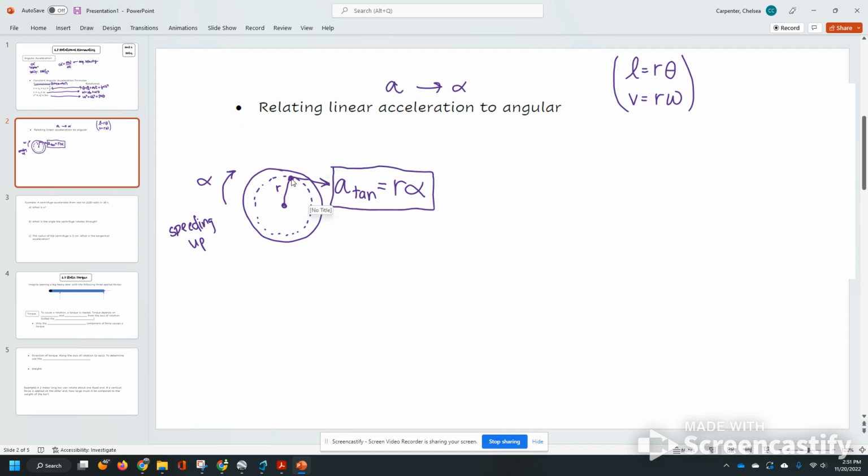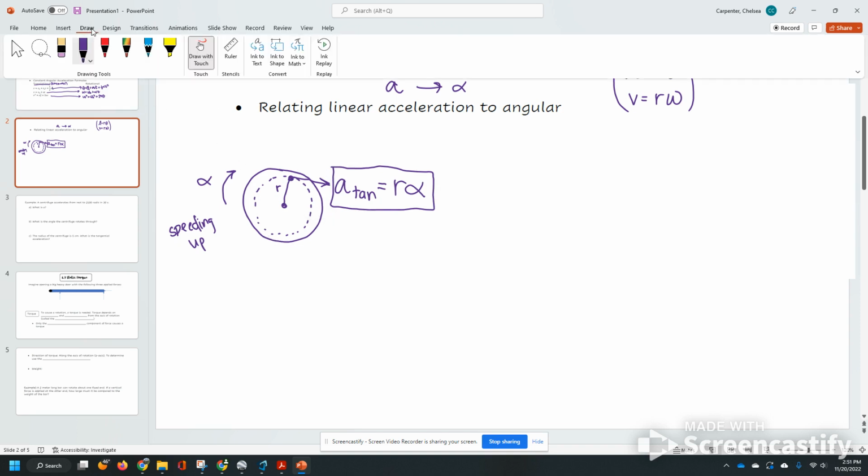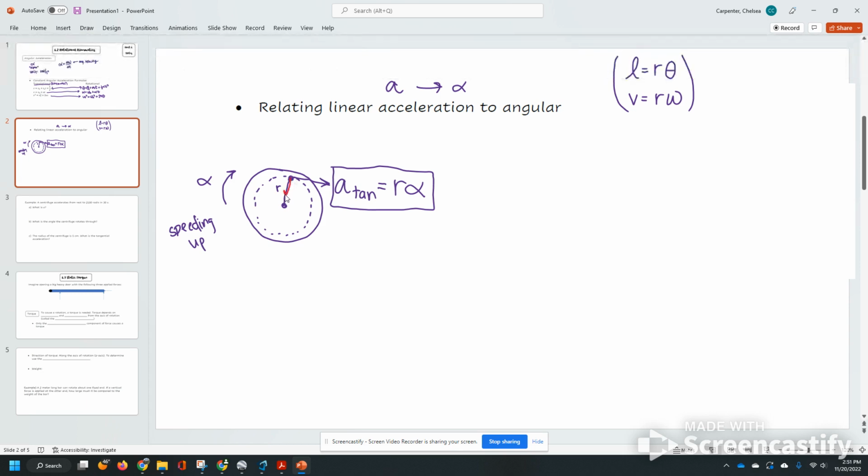But if you look here, this point is actually making a circle. And for things that make circles, they have to have centripetal acceleration as well. So if this point was like a bug holding on to this turntable, it's going to have to accelerate inward with centripetal acceleration. So our centripetal acceleration, back from unit 3, is v squared over r.